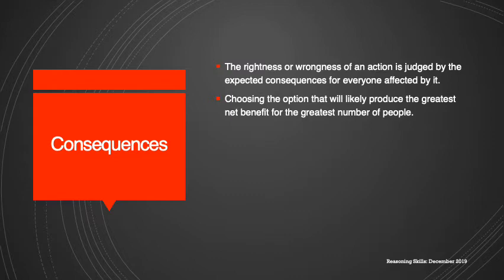These considerations allow us to choose among options and choose the one that will likely produce the greatest net benefit for the greatest number of people. So all people are treated equally, and we're concerned to maximize pleasure or happiness and minimize pain or unhappiness for as many people as possible.